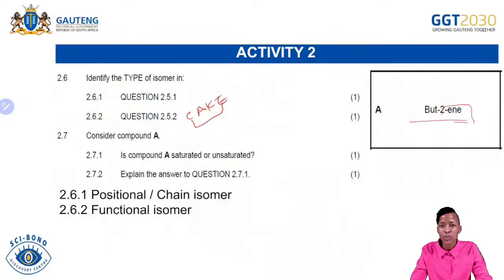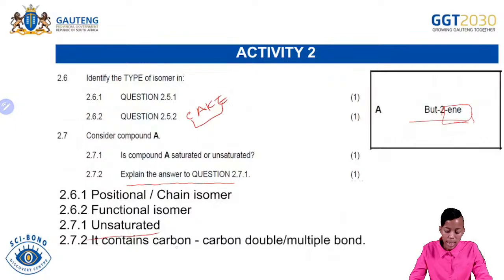We can see that we have an "ene". If we have an "ene", the homologous series is alkene. Okay. So if it is alkene there, it will mean that it is unsaturated.